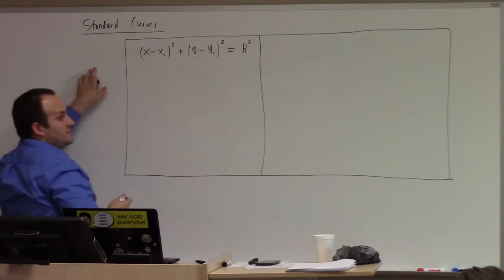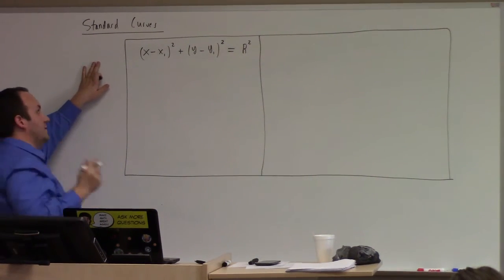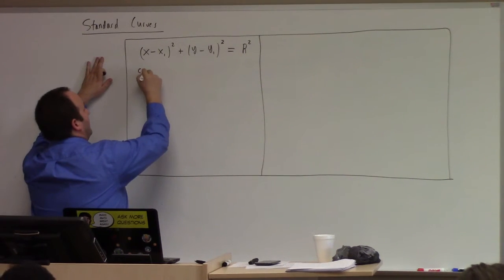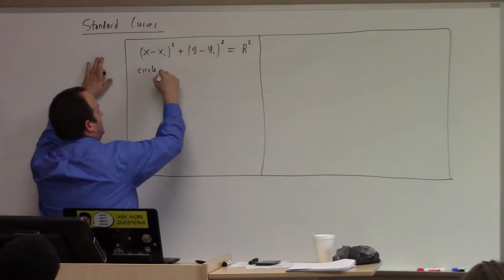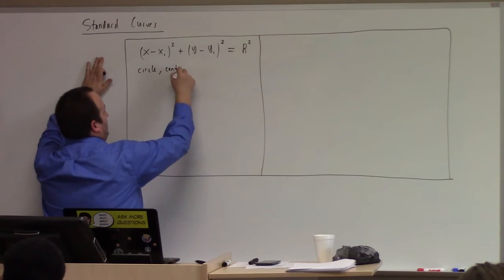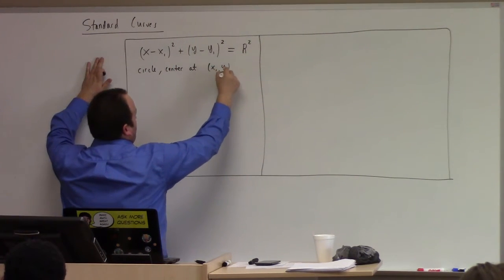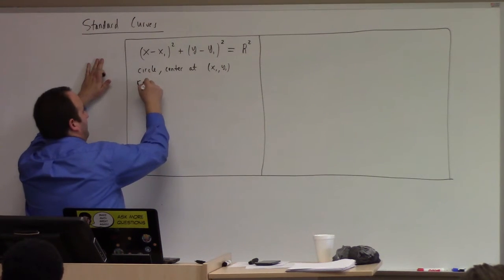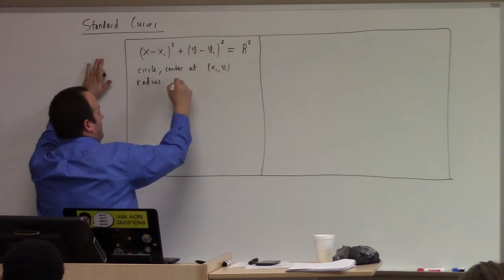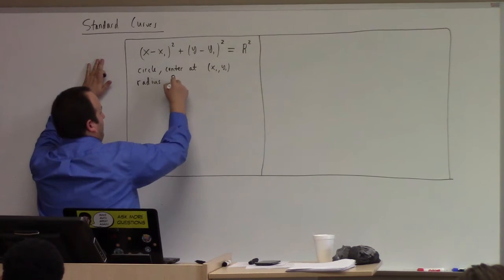This is a circle. The center is at x1, y1, and the radius is r.